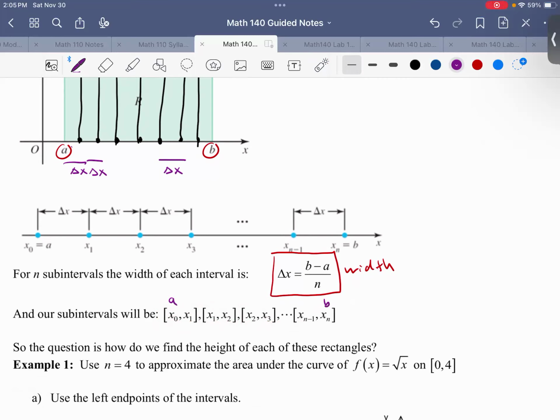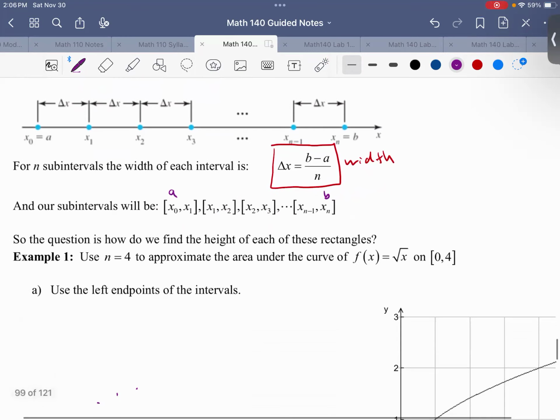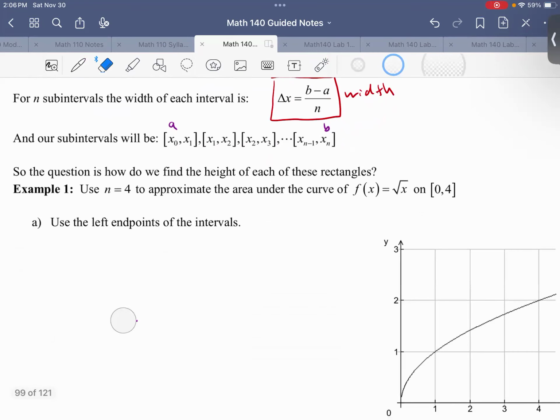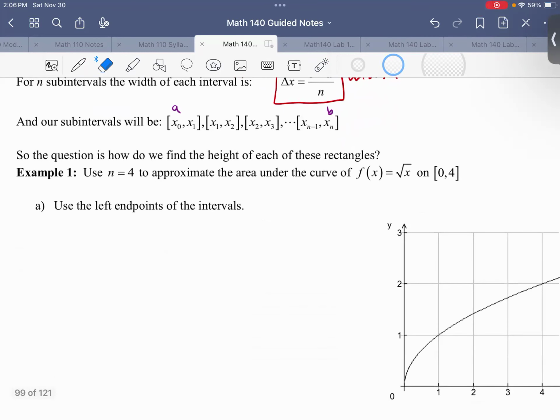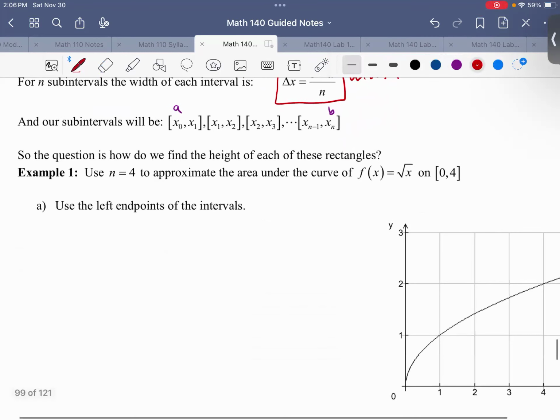But all we're really doing is creating rectangles, finding the area of each one underneath the graph, and summing them up. So let's try an example to really get a hold of what we are discussing. Example 1 says use n equal 4.